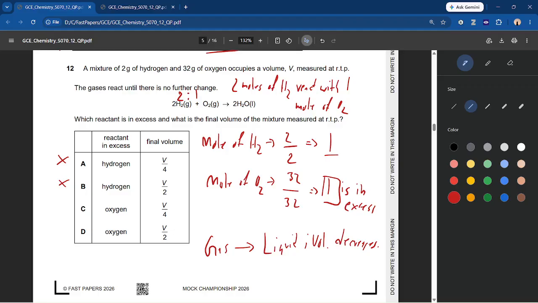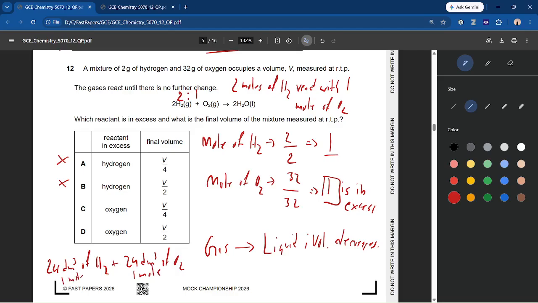So let's figure out exactly how much the volume decreases by. What is the final volume of the mixture measured at room temperature and pressure? So you have 24 dm cube of hydrogen and 24 dm cube of O2, because 1 mole and 1 mole.